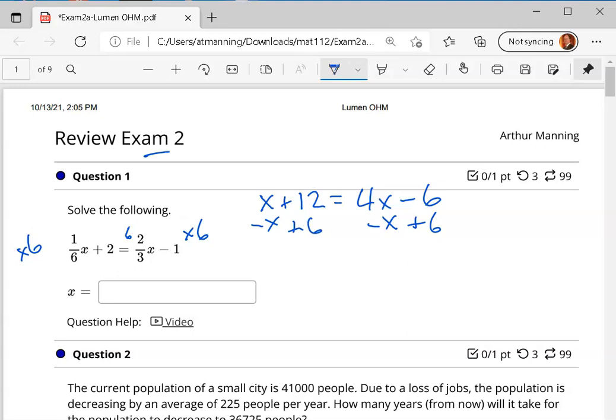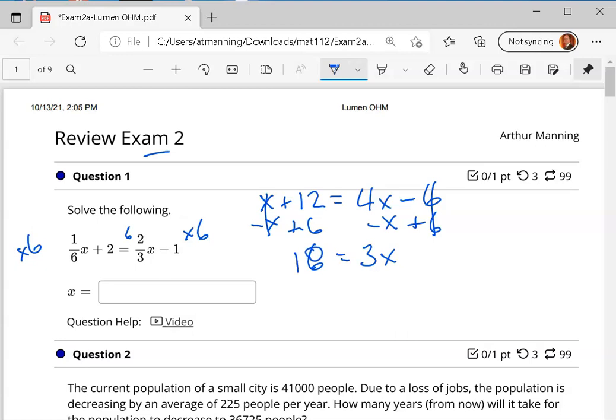So the x's cancel out here on this side, the 6's cancel out on this side, and what do we get? We get 6 equals 3x. Oh, sorry, 18 equals 3x.